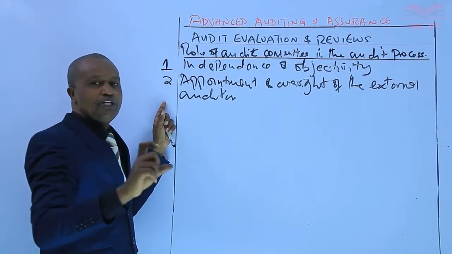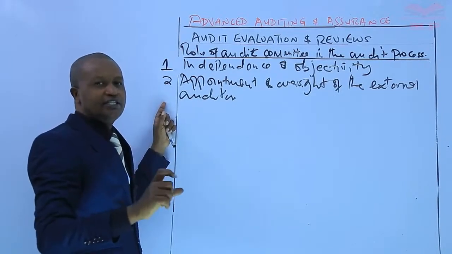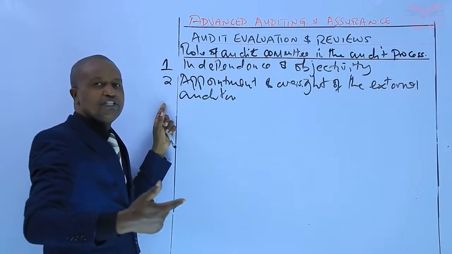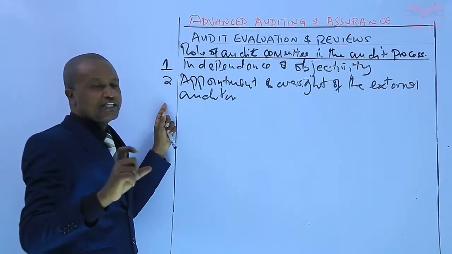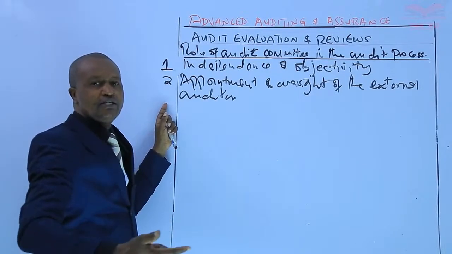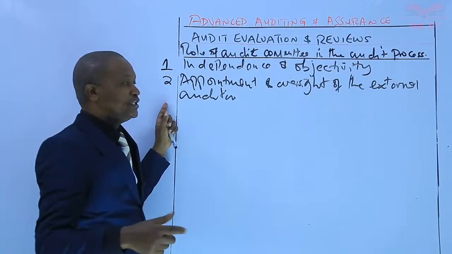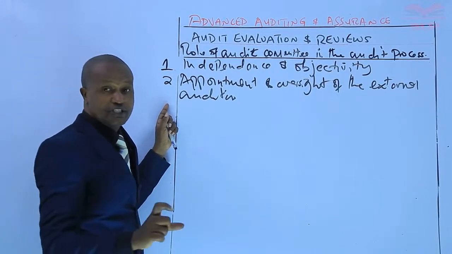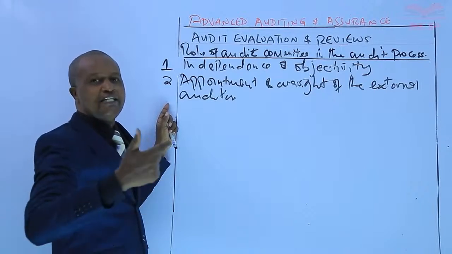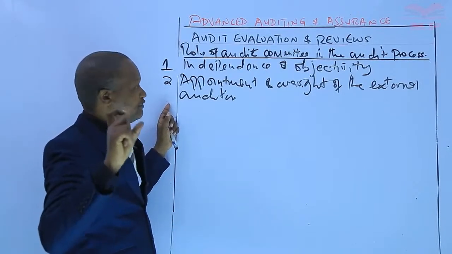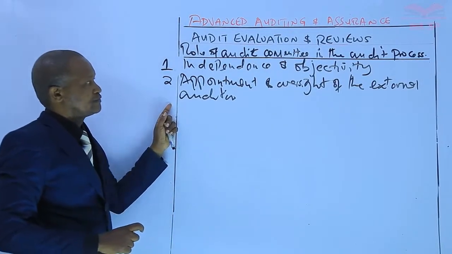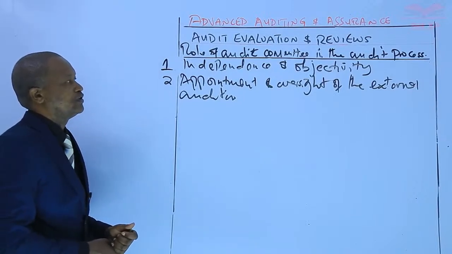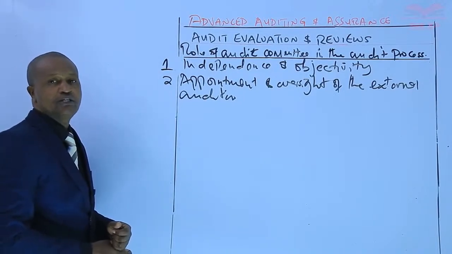This committee also monitors the auditor's independence, objectivity and performance, and that includes reviewing and approving the audit engagement letter, discussing the scope of the audit, and evaluating the adequacy of audit fees. That's the second role of audit committee in the audit process.